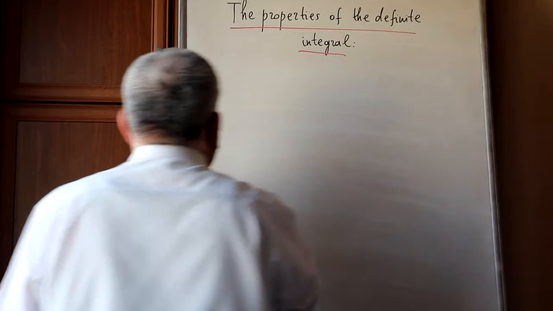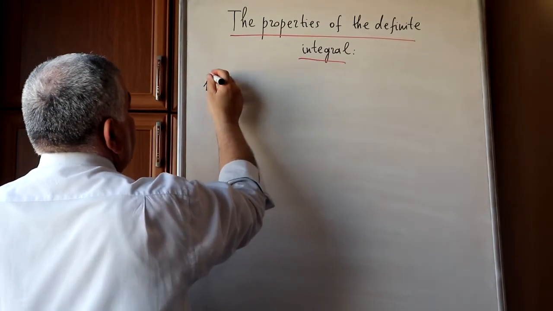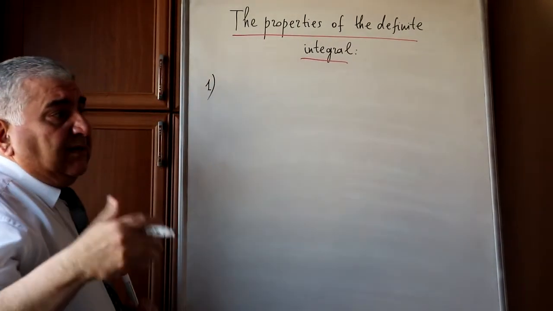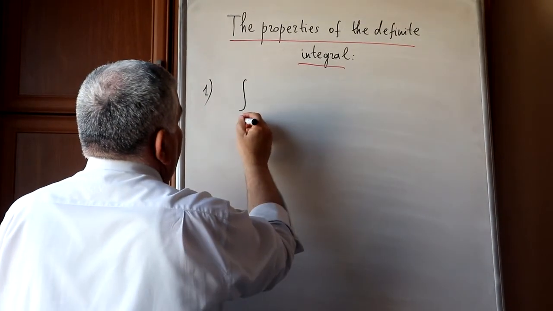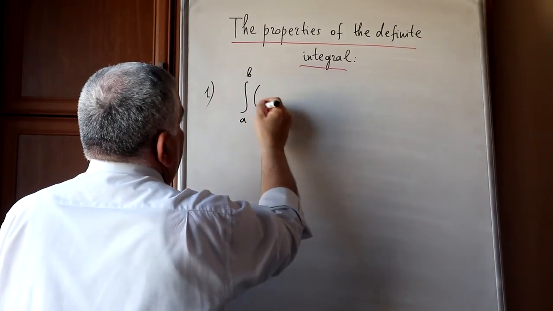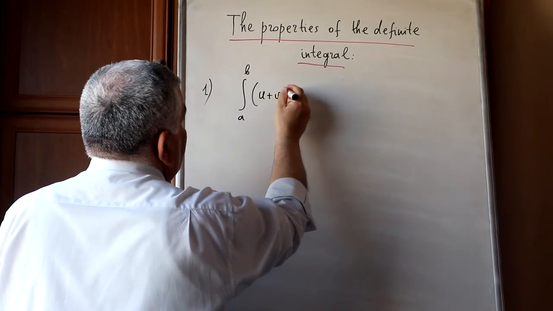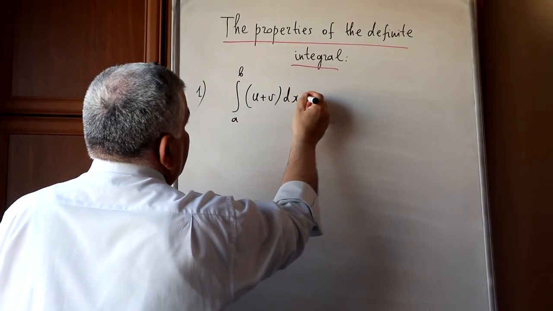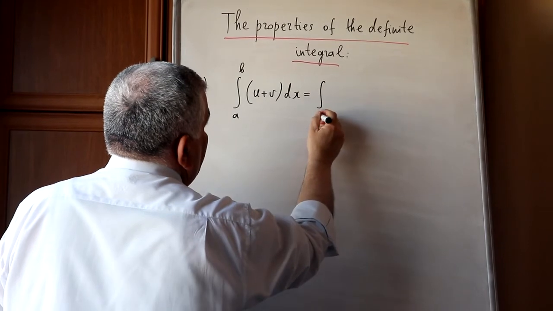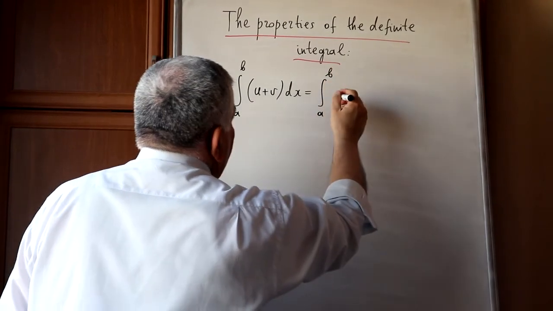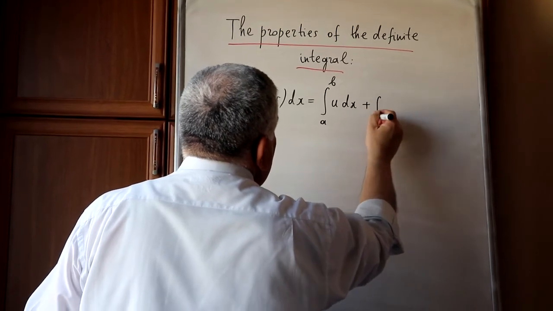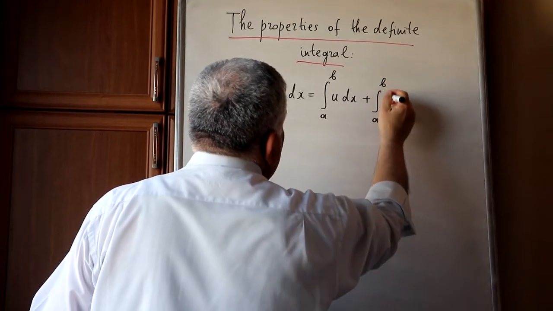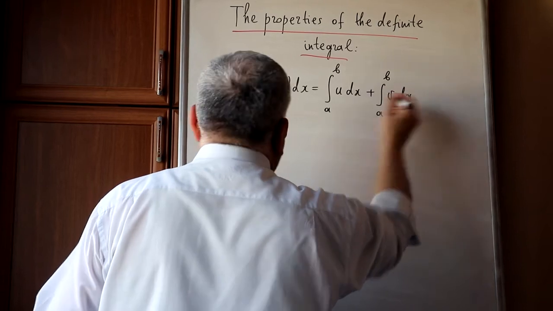First property, the definite integral of the sum is the sum of the definite integrals. Integral from a to b of u plus v dx is equal to integral from a to b of u dx plus integral from a to b of v dx.